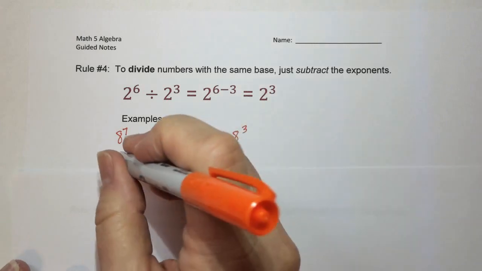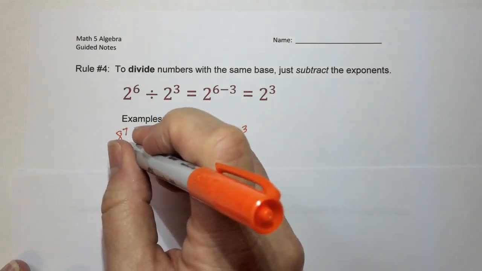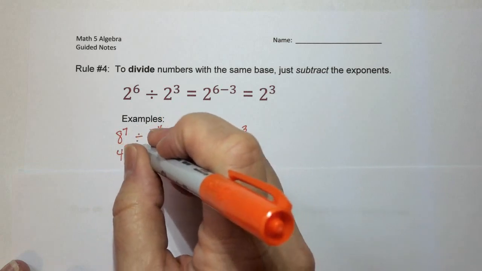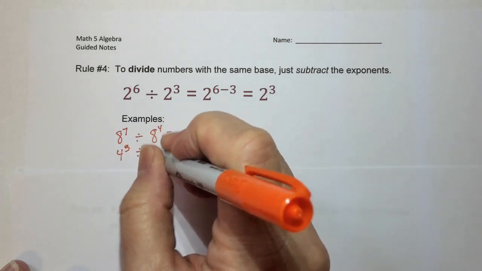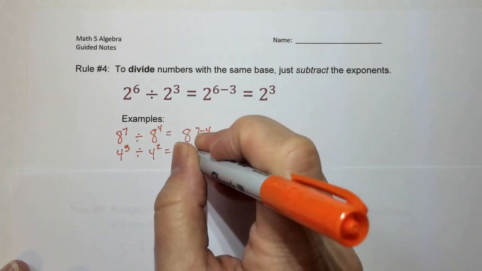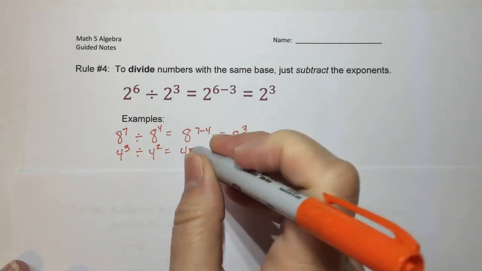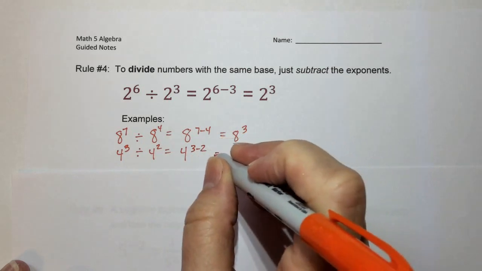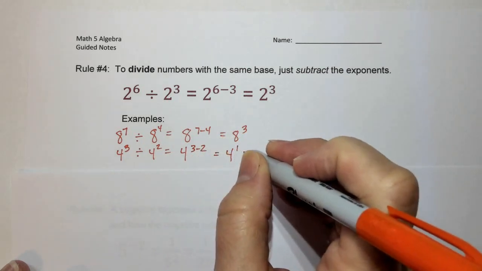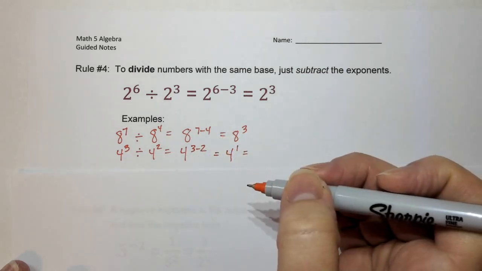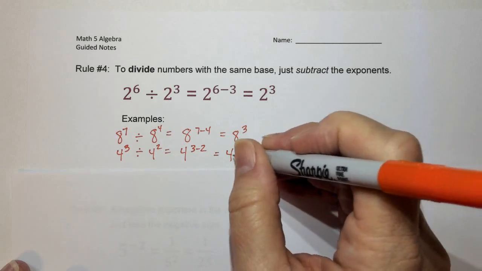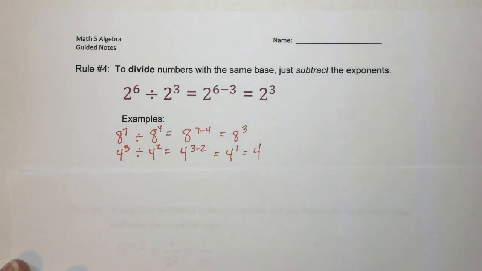Let's try another one. How about 4 to the power of 3 divided by 4 to the power of 2? Well, the bases match, so I kept the base. 3 minus 2 equals 4 to the power of 1. And remember back to our other rule, anything to the power of 1 is just itself. Now, we talked about different ways to show multiplication.